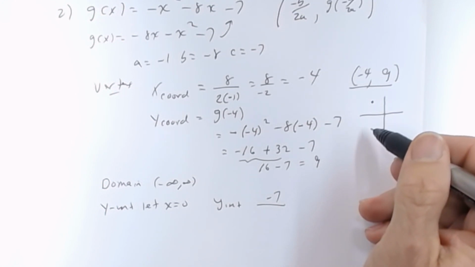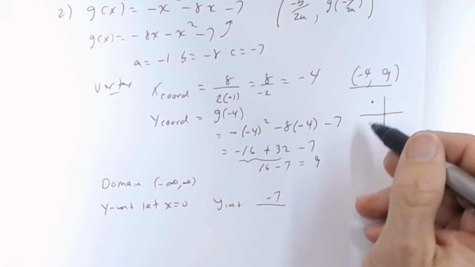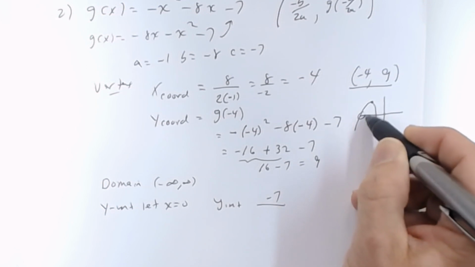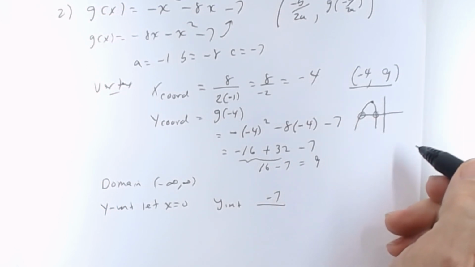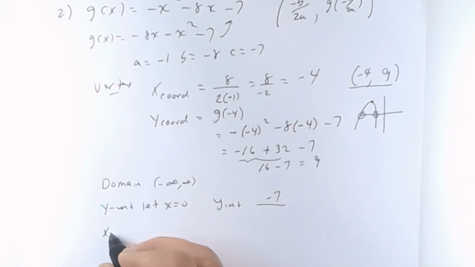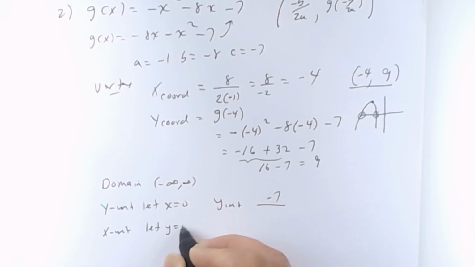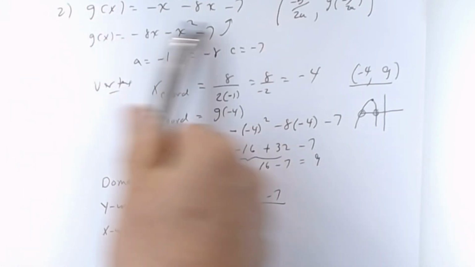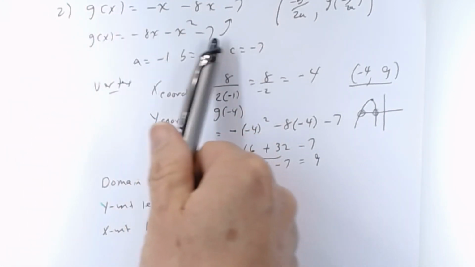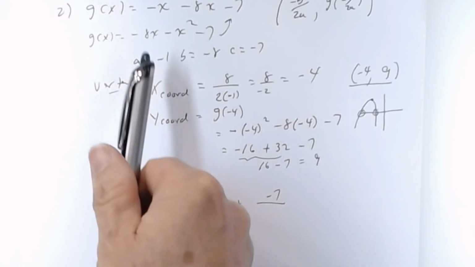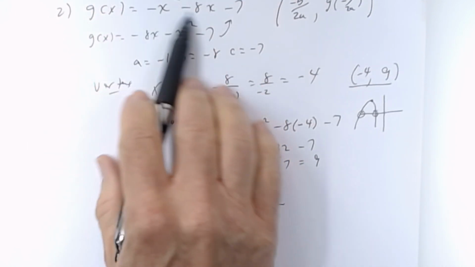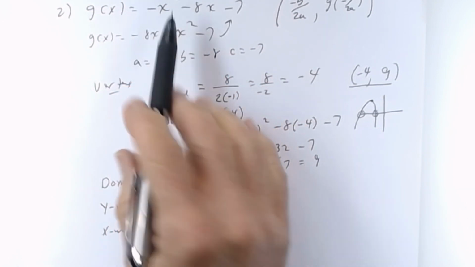That means my parabola opens downward. So am I going to have x-intercepts? Yes. So we can find them. To find the x-intercept, you let y equal 0. What means the same thing as y over here? g of x. So I'm going to take this function right here and set it equal to 0.